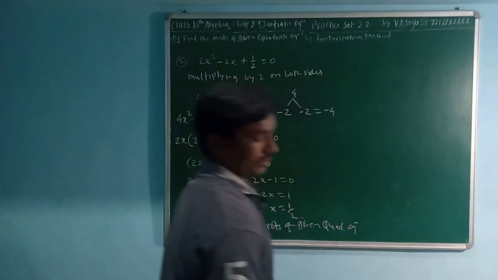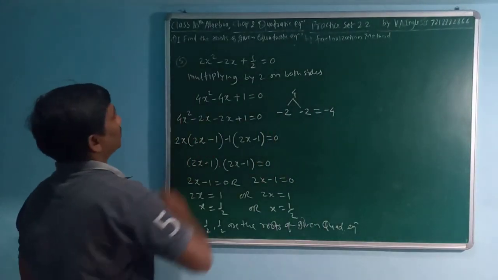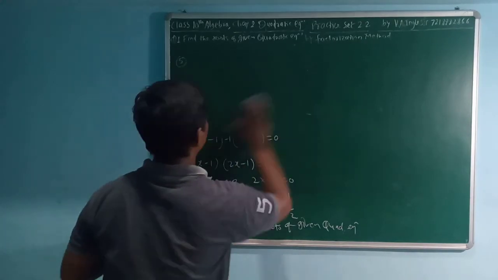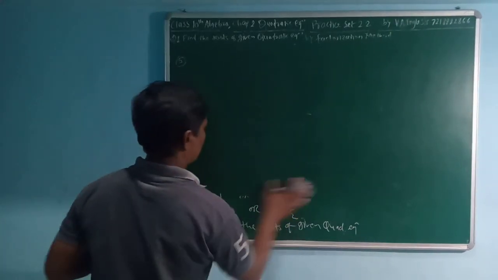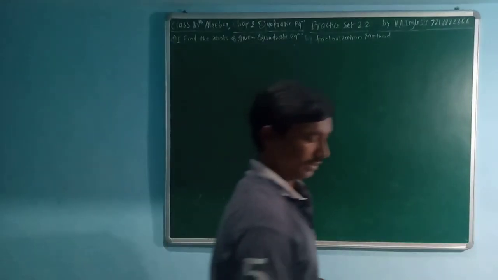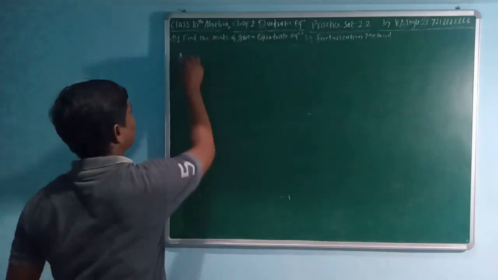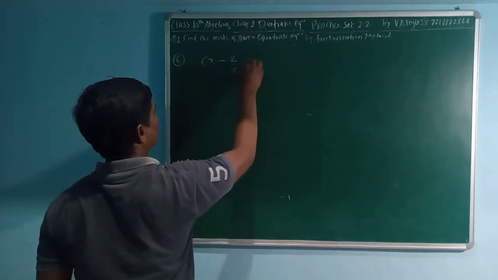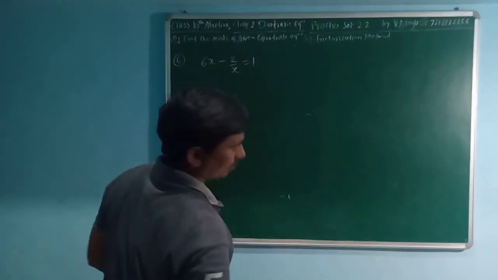Now we'll go for the question number 6. Example number 6. The example number 6 of the question number 1 is 6x minus 2 by x is equals to 1.